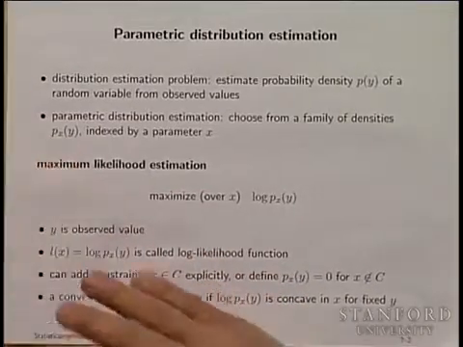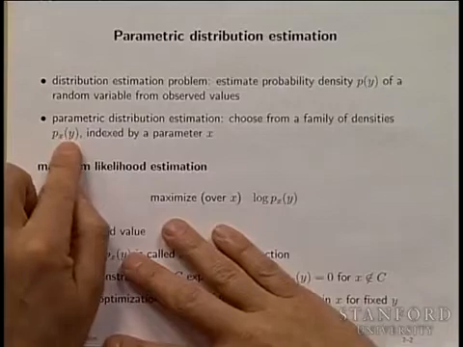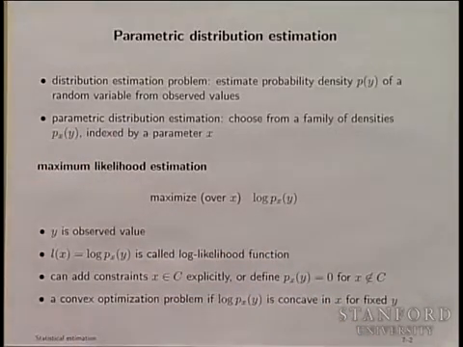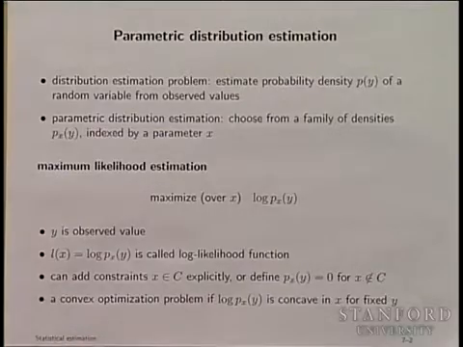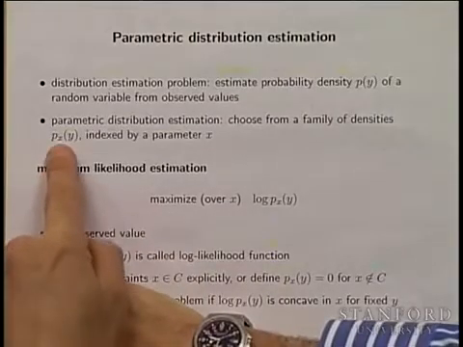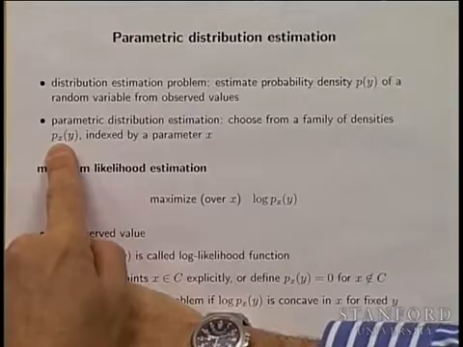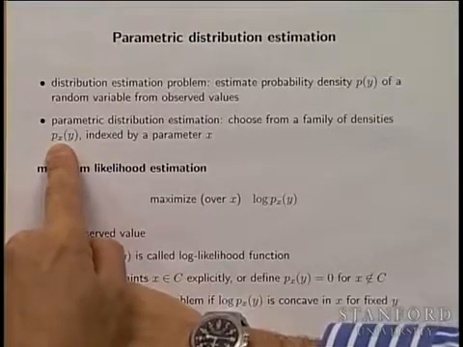Your job is to take one or more samples from one of these distributions, and your charge is to say something intelligent about which distribution, which is to say which parameter value, generated the sample.